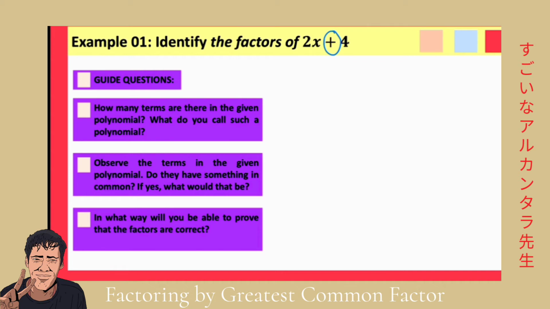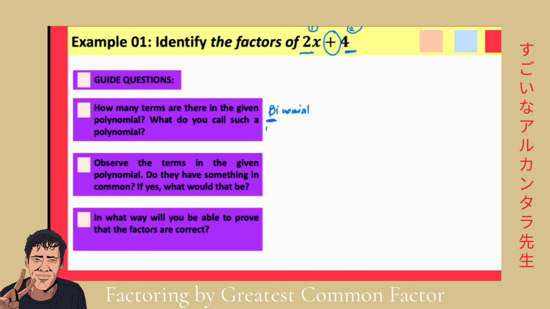Like 2x, there's multiplication in there, but we don't count it. They are still together. So therefore, in this case, 2x and 4 are separated by that addition symbol, giving us 1, 2 terms. Since there are two terms, we call this a binomial.